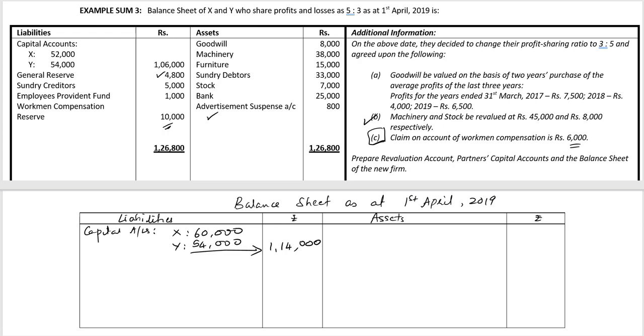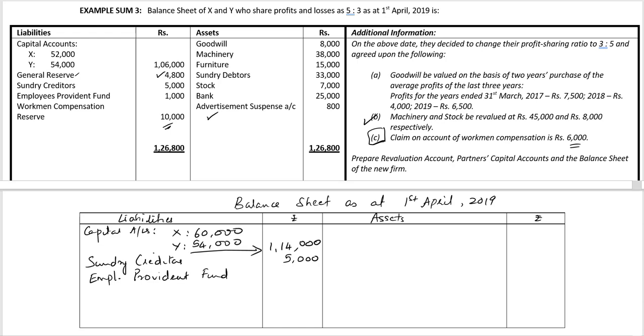General reserve has been distributed. It will not come again. Sundry creditors, 5,000 rupees, no change in value. Employees Provident Fund, liability, 1,000 rupees.